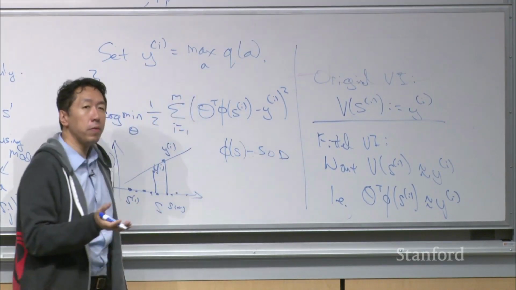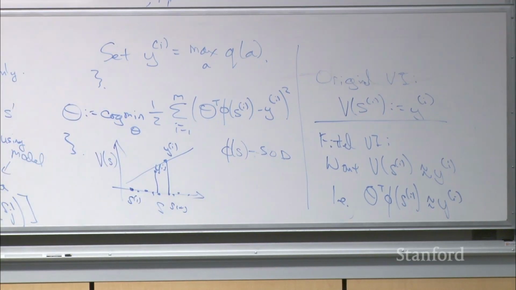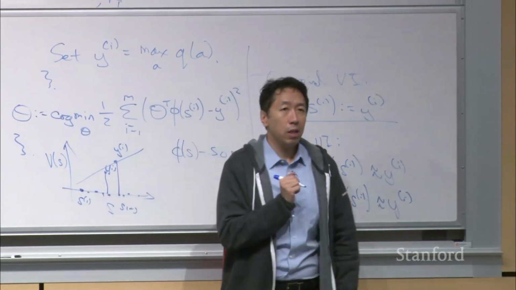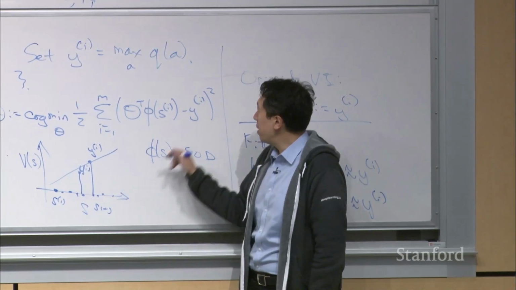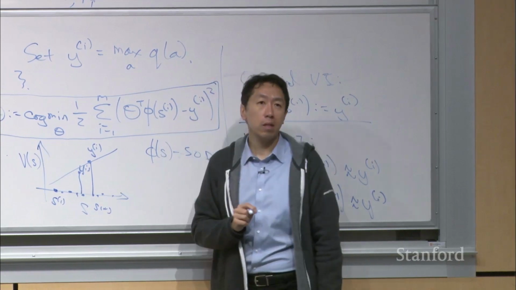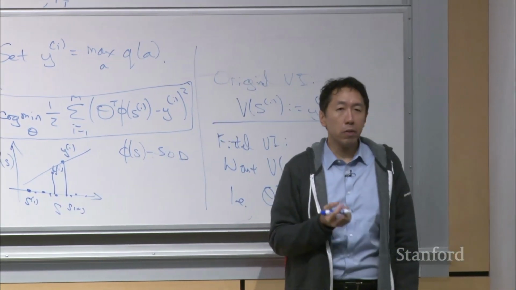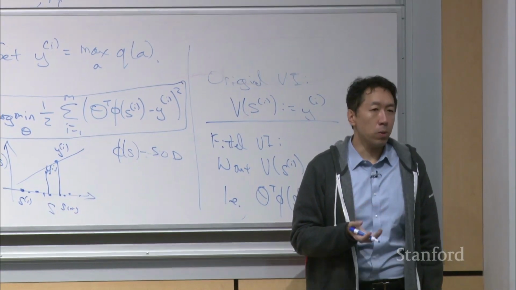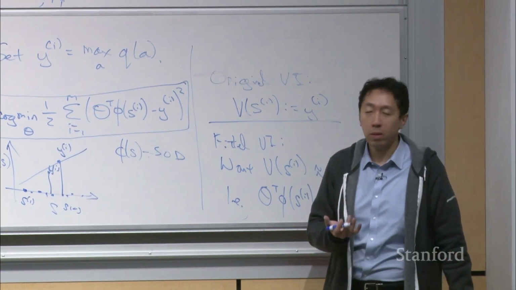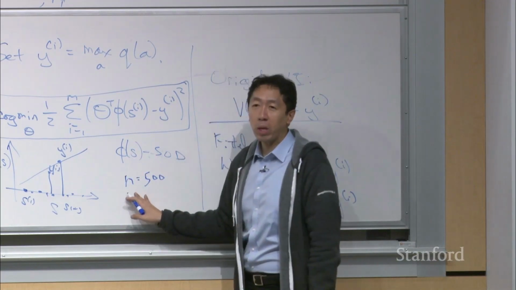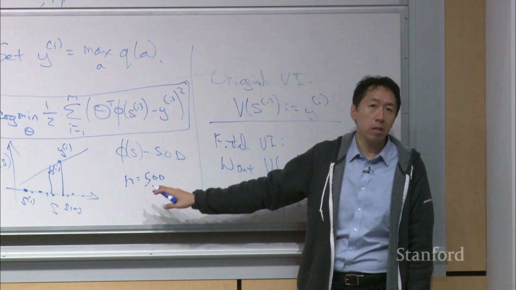So let's say you chose 50 features to approximate the value function of your inverted pendulum system. Then you're going to be fitting linear regression to this 50-dimensional state space. I mean, this step here is really linear regression. And so you can ask, if you want to run linear regression with 50 parameters, how many examples do you need? And I would say, if M was maybe 500, maybe it'd be okay. You have 500 examples to fit 50 parameters.